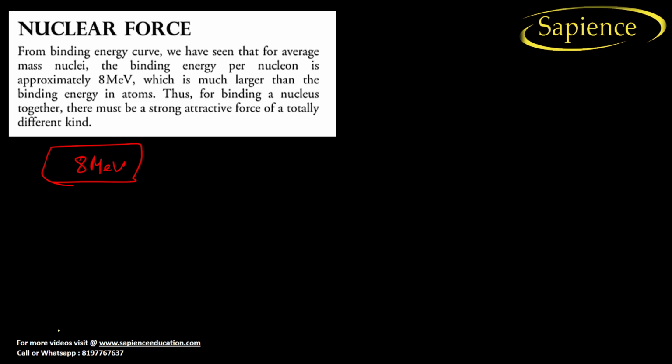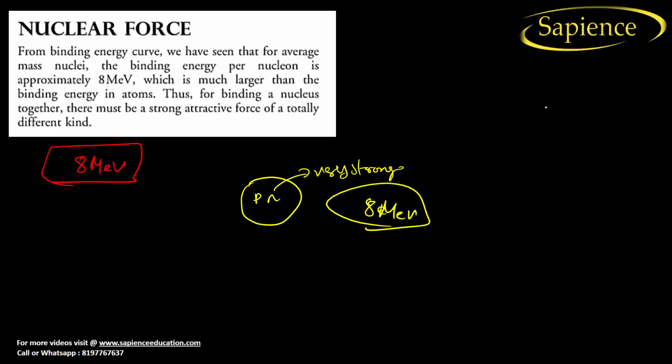So we can say that the binding energy of the nucleons, that is protons and neutrons, is very strong, as the binding energy per nucleon is very high, approximately 8 mega electron volt, which is very large as compared to the attraction between the electron and the nucleus. So it means that the nuclear force is very large, right?